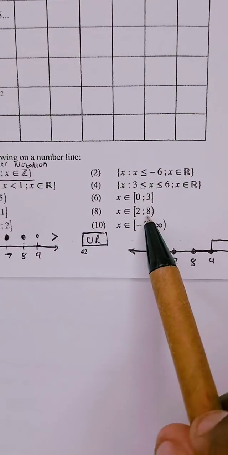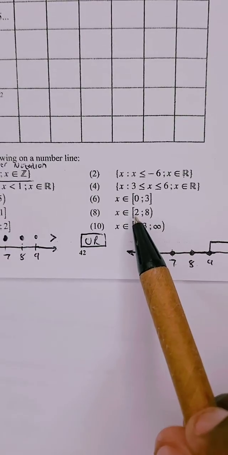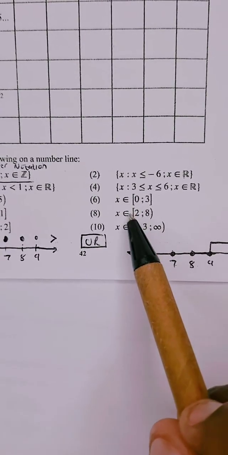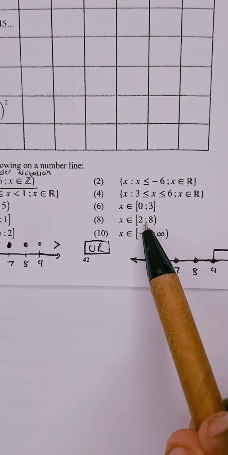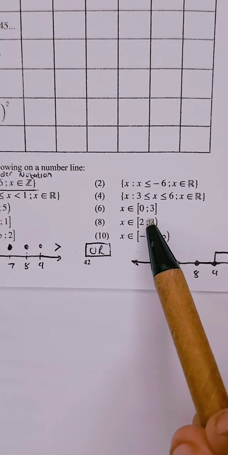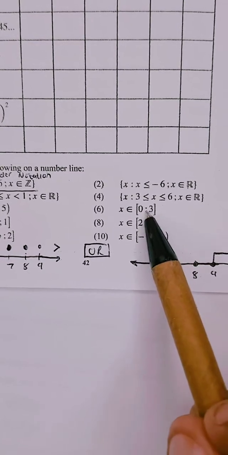Now guys, whenever we see an interval, this is read as from 2, where 2 is included, square brackets means included, and then this means to 8. This semicolon means to 8, where 8 is not included.